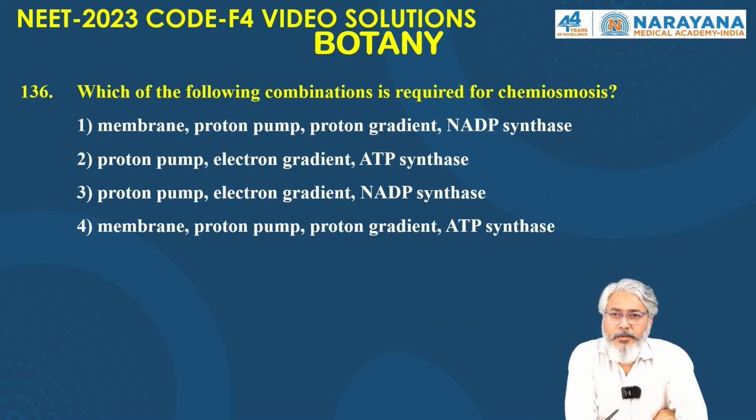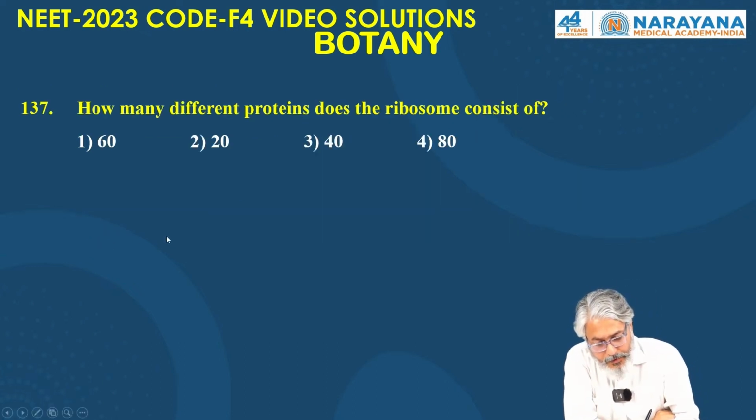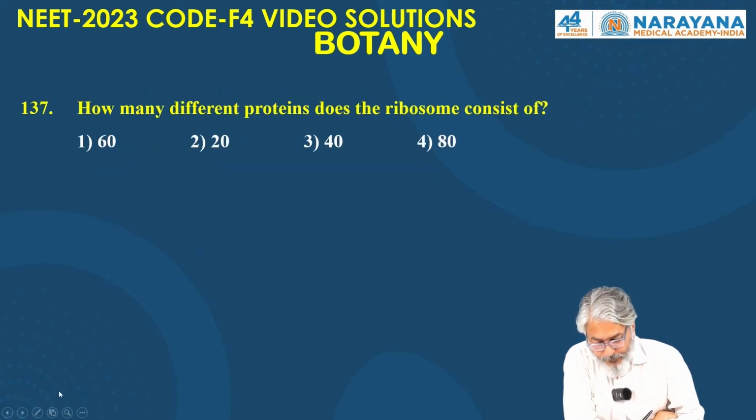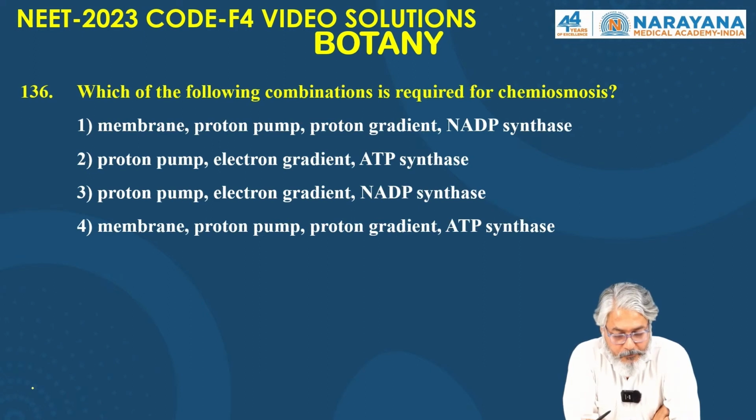In question number 136, which of the following combinations is required for chemiosmosis? What is required? The membrane, proton pump, proton gradient, and ATP synthase.